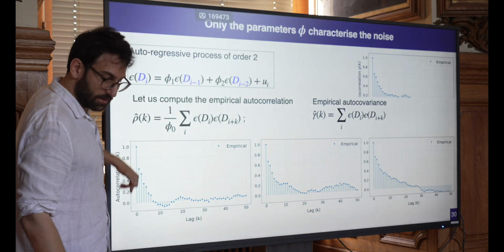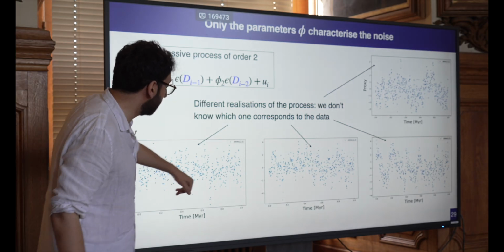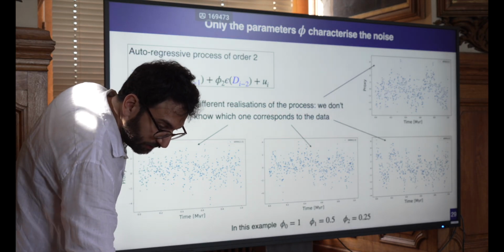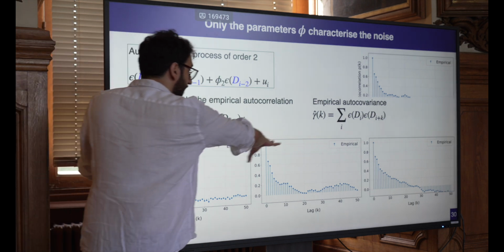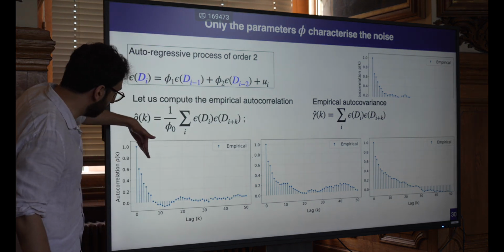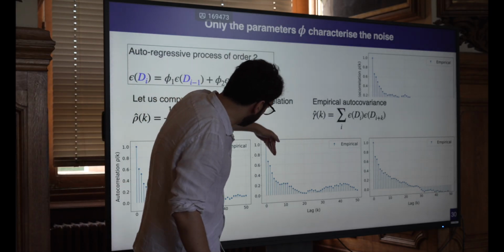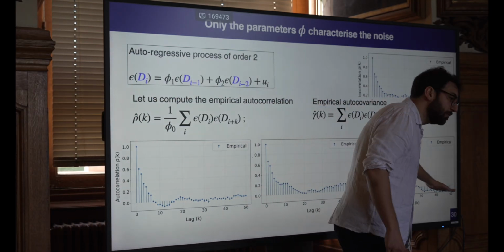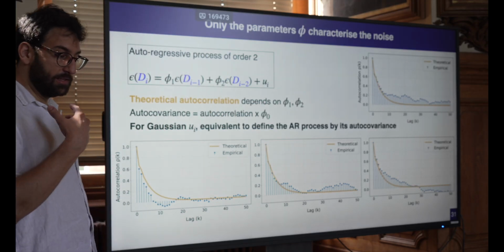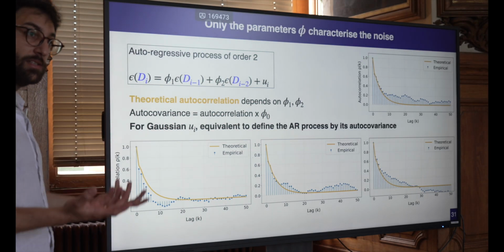You see that on these exact four realizations, I can compute four different autocorrelations. And they kind of look the same. It's high at the beginning, then it decreases, and you see that the decrease is kind of the same everywhere. And this is not a coincidence.